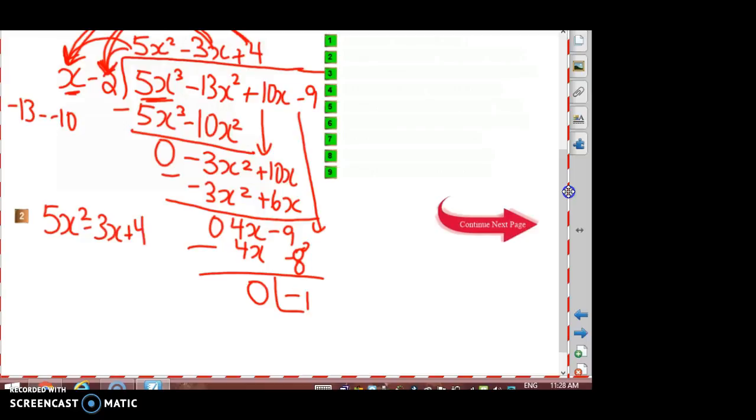And then we have a remainder of minus 1 over what we were dividing, which was x minus 2. Okay, so this is what we got when we divided: 5x squared minus 3x plus 4, with a remainder of minus 1 over x minus 2.